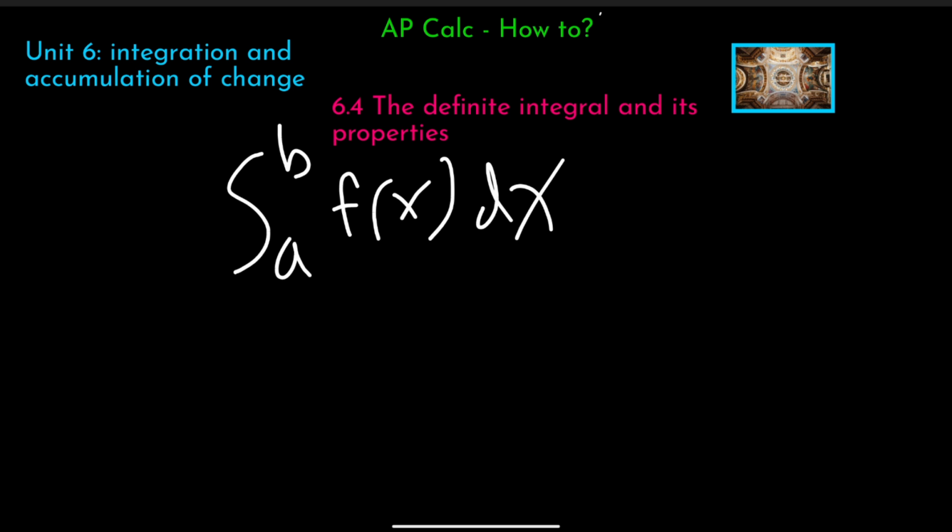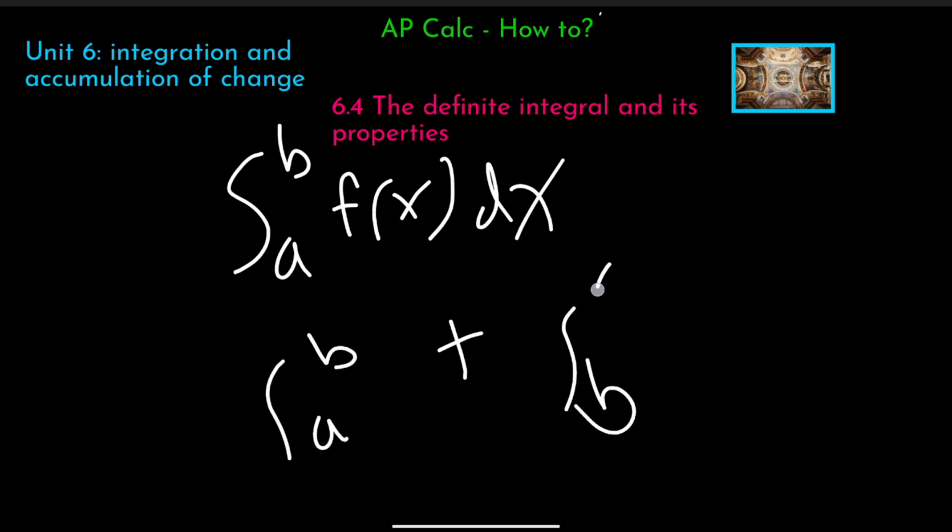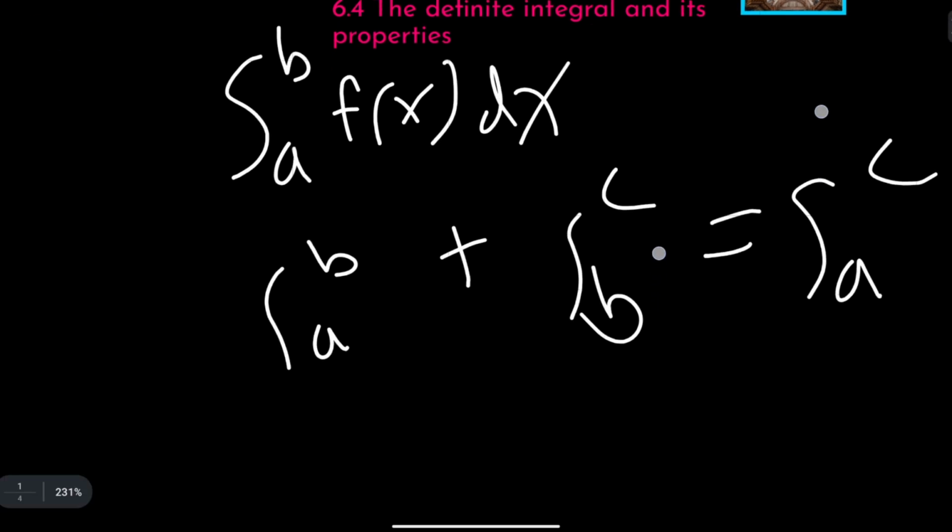Key properties of definite integrals: additivity. You can add integrals, so an integral from a to b plus an integral from b to c equals the integral from a to c. You can reverse limits.